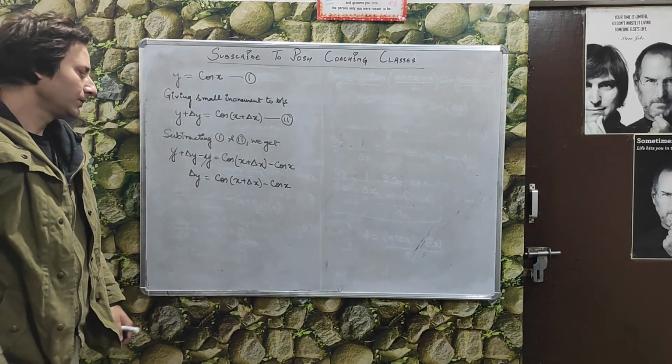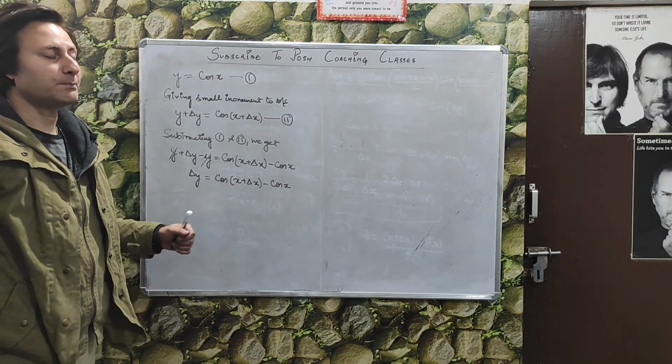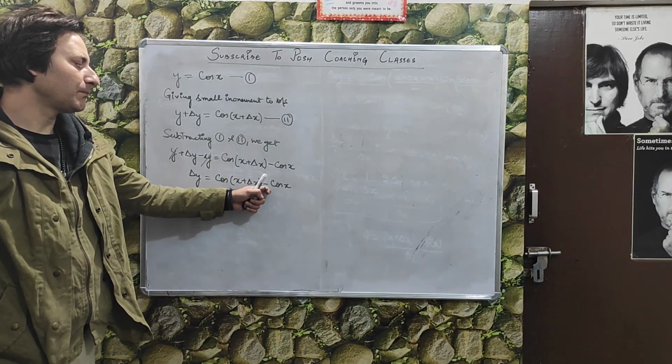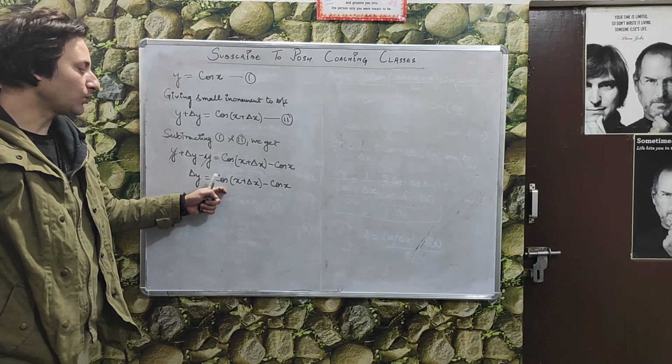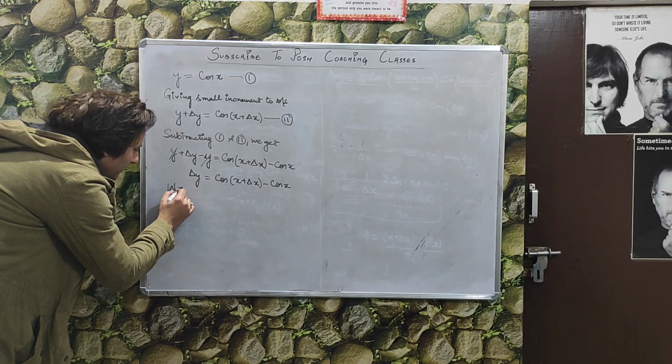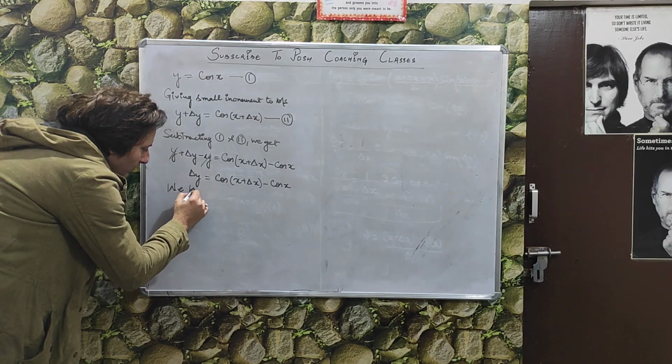It's clear till now? Again, if you see in our previous question, we had sine a minus sine b. Now we have cos a minus cos b. So again we have a trigonometric formula.